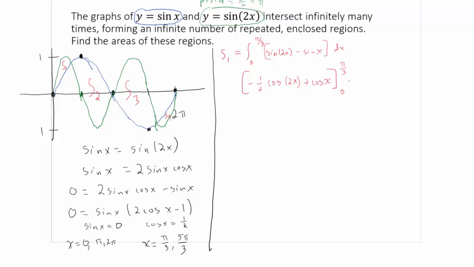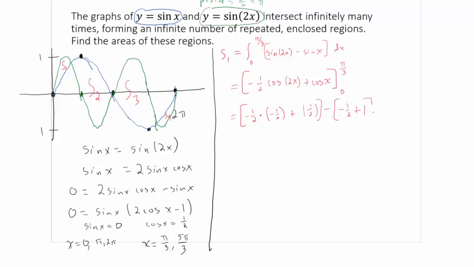All right, so then substituting, I would have negative 1/2 cosine of 2 times pi over 3. The cosine of 2 pi over 3 is negative 1/2, plus the cosine of pi over 3 is positive 1/2, minus, substituting zeros, the cosine of 0 is 1, so I'd have negative 1/2 plus 1/2.